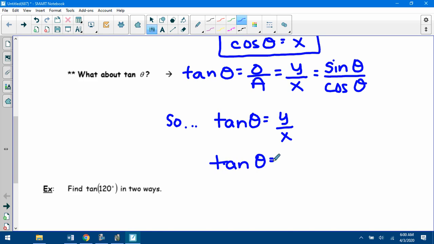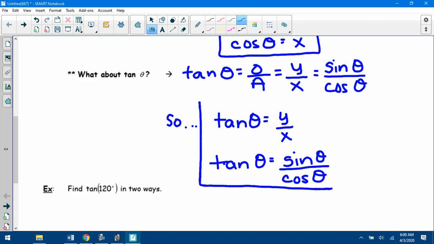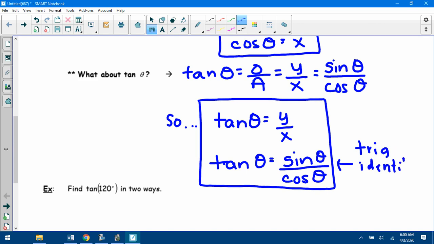And we also see that tangent of theta is always equal to sine of theta divided by cosine of theta. And this is your first, it's called a trig identity. And a trig identity is true for all angles theta.